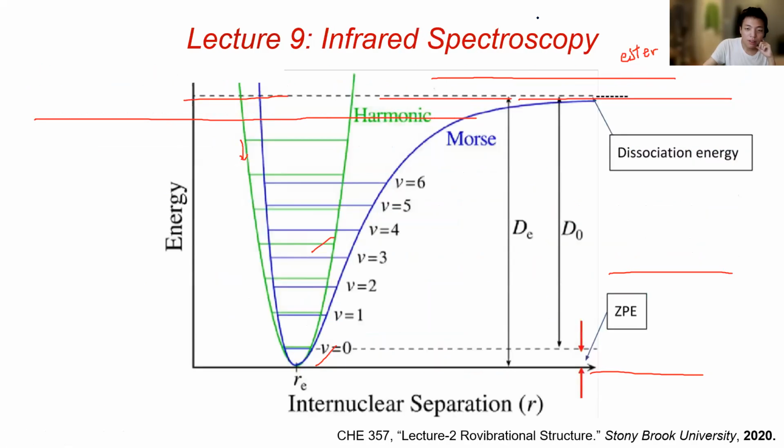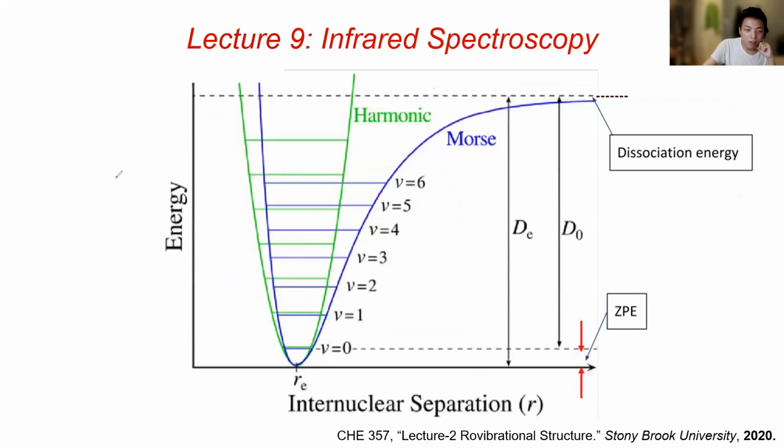Okay, next. And now we are on IR. So normally we have 2 molecules, diatomic. They can vibrate, right? The more energy you give, the longer the bond will stretch.